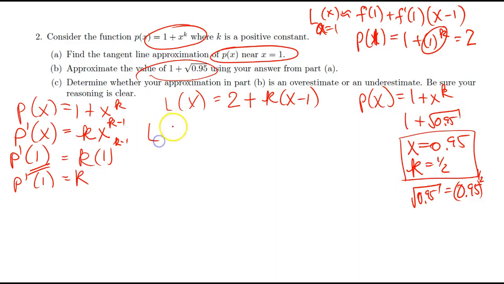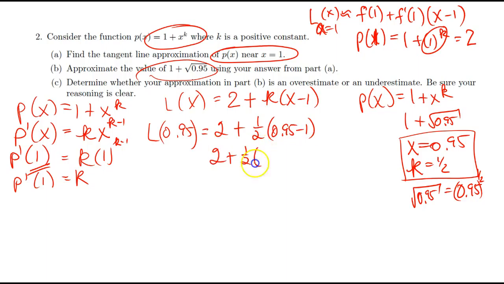Our approximation at 0.95 equals 2 plus k, which is 1/2, times 0.95 minus 1. 2 plus 1/2 times negative 0.05 equals 1.975. So that's our approximation of the value 1 plus the square root of 0.95.